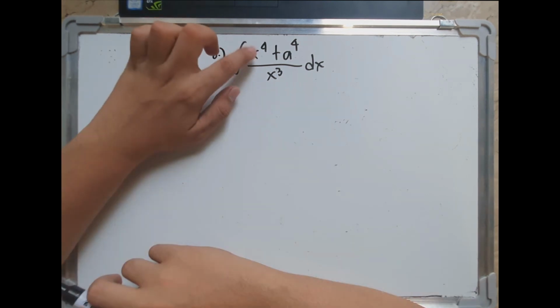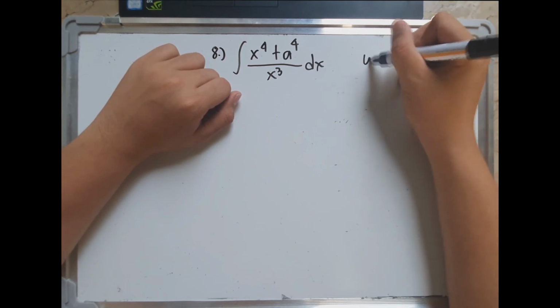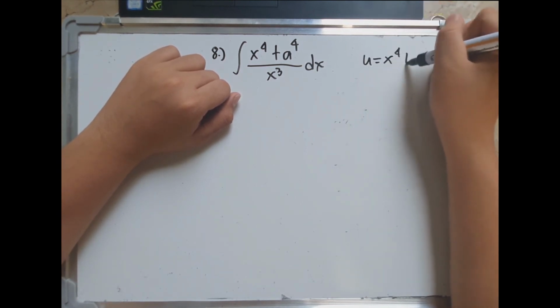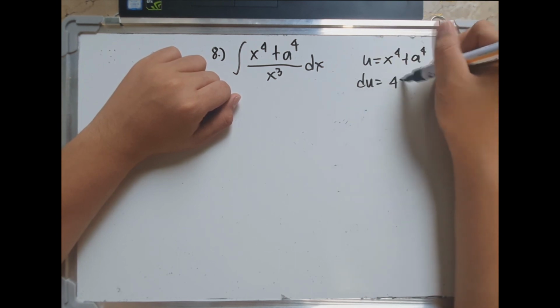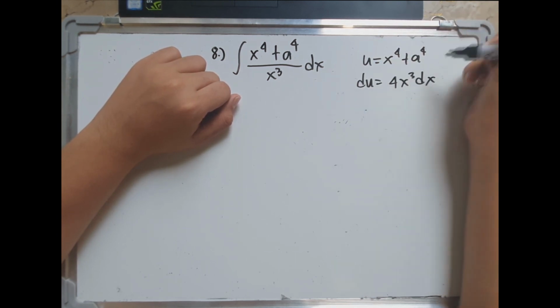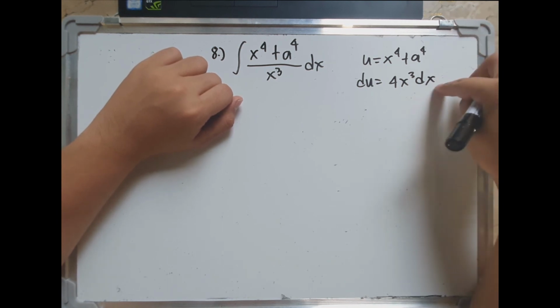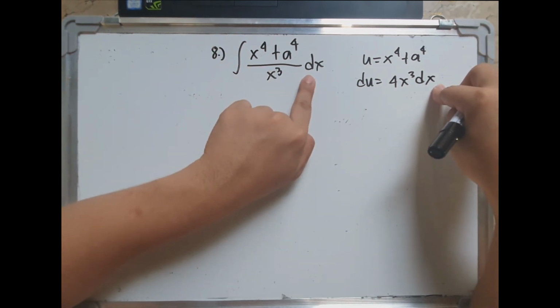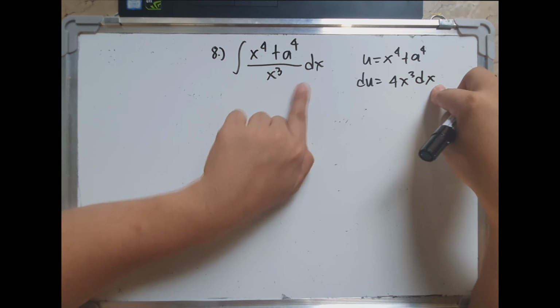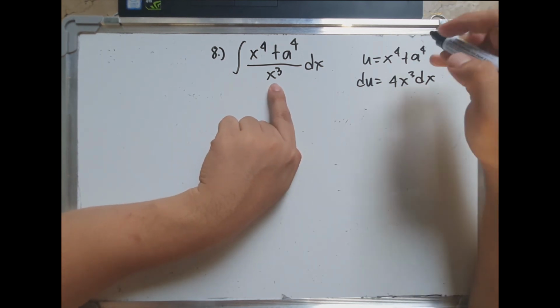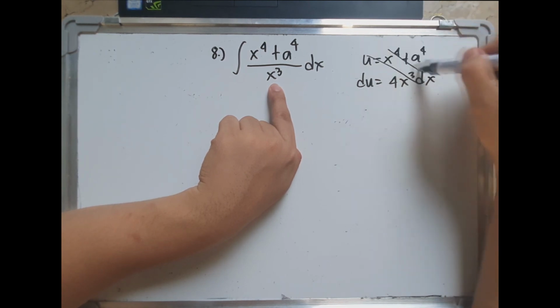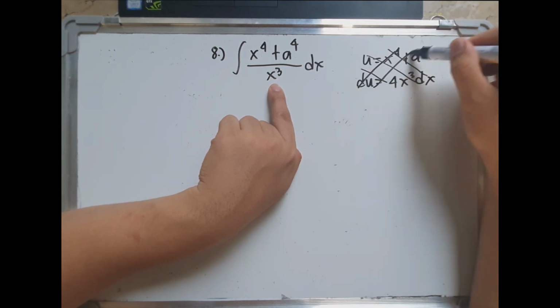Now if we select this one as the u, x raised to the power of 4 plus a raised to the power of 4, deriving the u, we have 4x cubed dx. We'll be having a problem. Why? Because the dx is right here written at the numerator, but our x cubed is written in the denominator. So we will not use this technique, or we will not use this process.